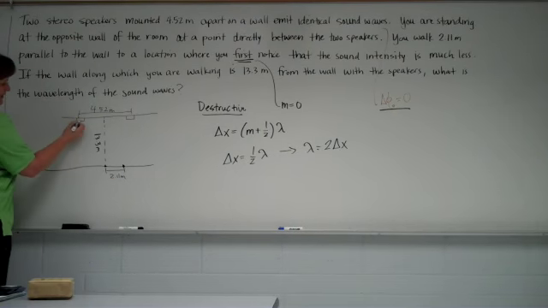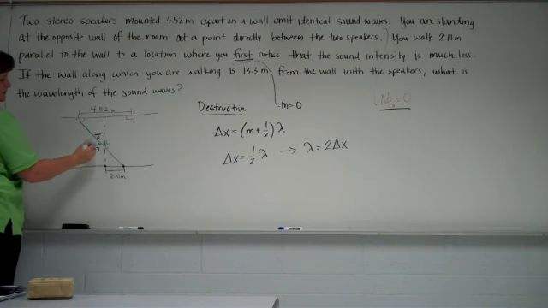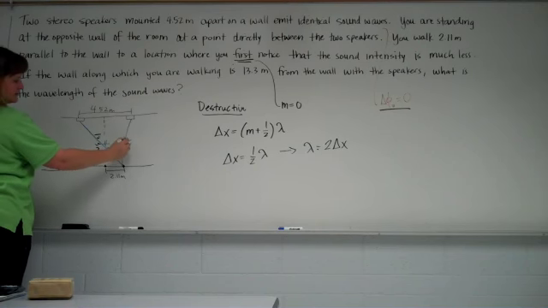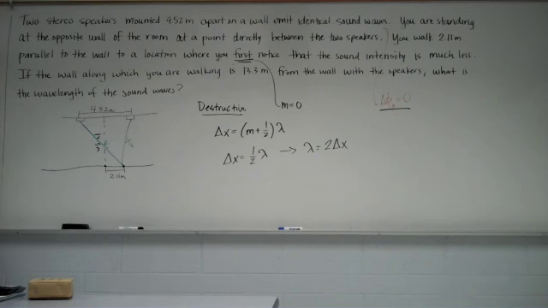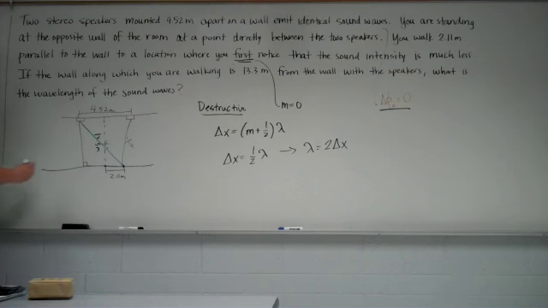We need to know how far this wave traveled to get there. Call that x1. We need to know how far that wave traveled to get there. We'll call that x2. You can make a right triangle right here. We know this side is 13.3 meters. This side will be half of the 4.52 plus the 2.11.